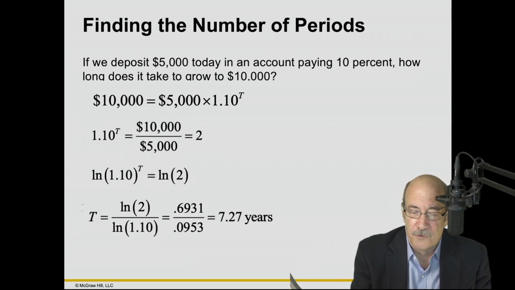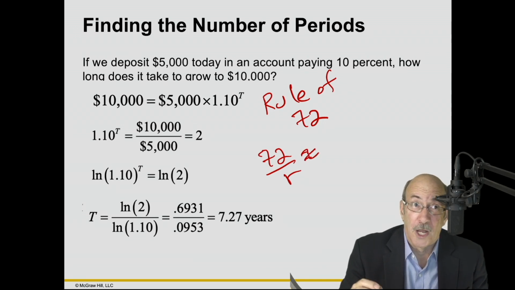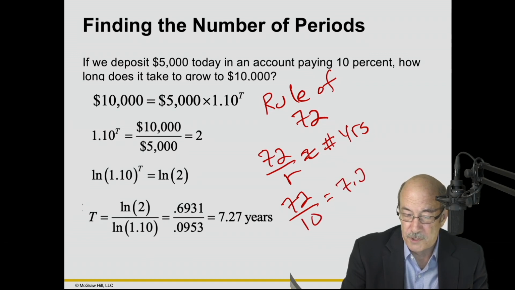There's a thing called the rule of 72. So if you take 72 divided by r, you get an approximation, and I should do this with squiggles because that means approximately. You get an approximation of the number of years. So in our case, 72 divided by 10% is 7.2 years.